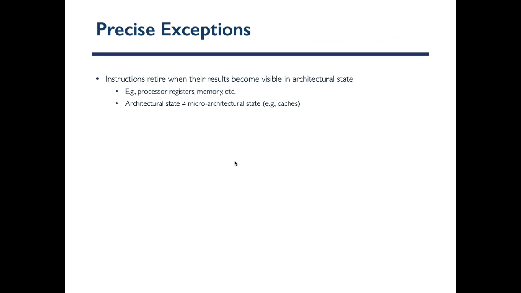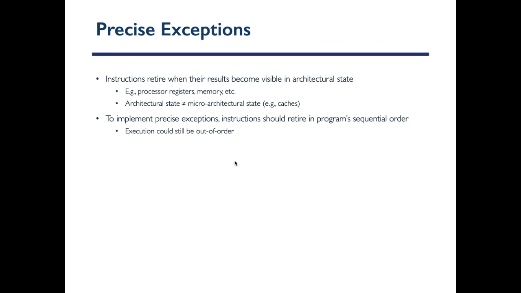state. Now, to implement precise exceptions, I have to retire instructions in the same sequential order that is specified by the program. What that means is that although I can execute the instructions out of order, I hold on to propagating the result of my execution to the architectural state.